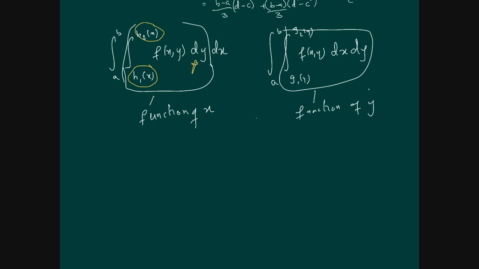What is left? What are you going to do next? You're going to do the x integration, so this is a function of x. Here, you're going to integrate with respect to y, so you expect this to be a function of y. Now, the limits of the outer integral are numbers. The double integral usually ends up calculating a volume.